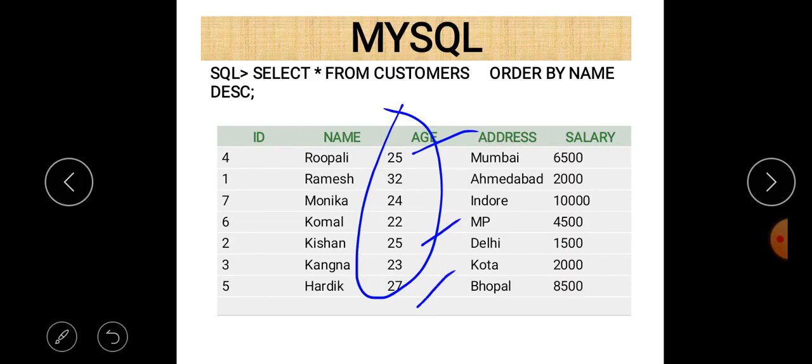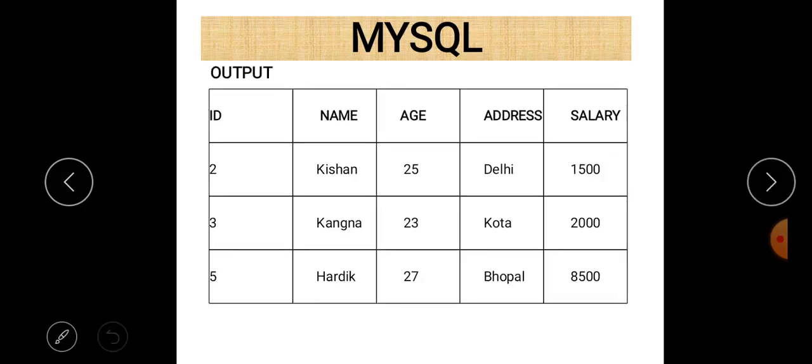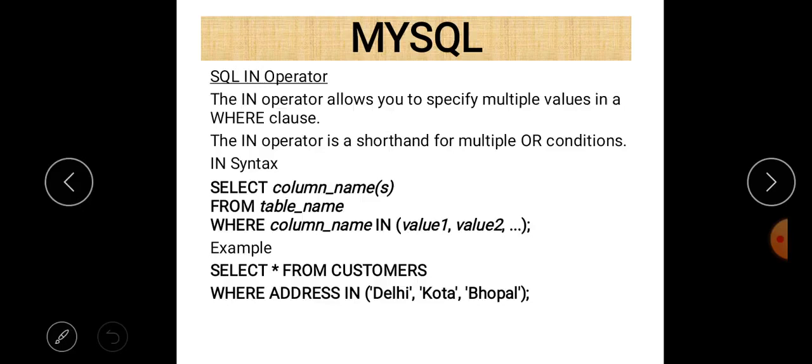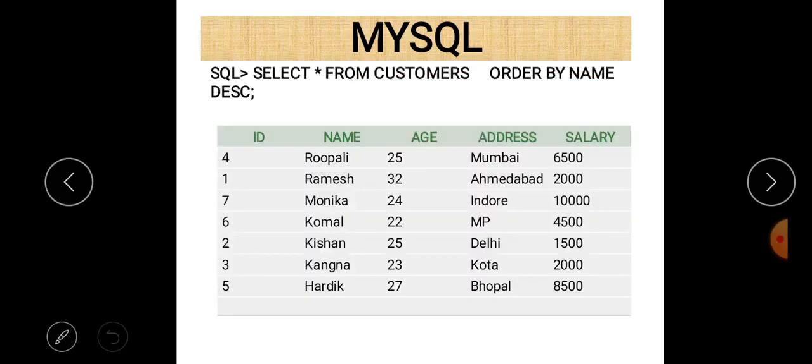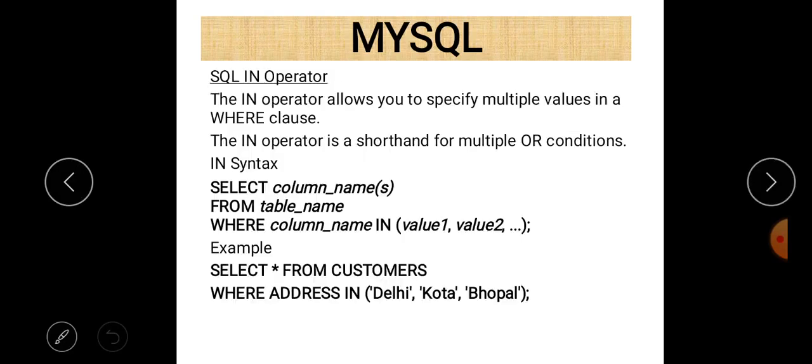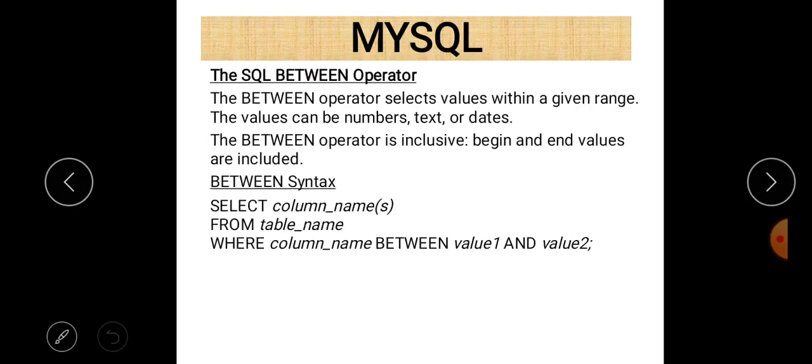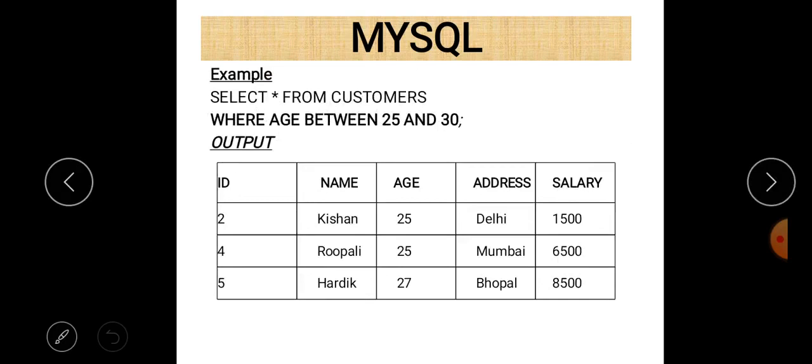So only three rows are selected: Rupali, Kishan and Hardik. This is the result related to the BETWEEN operator.